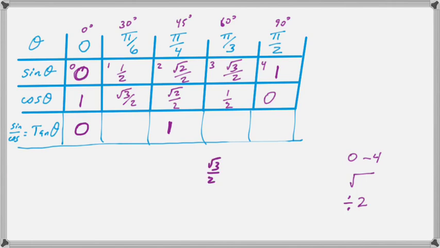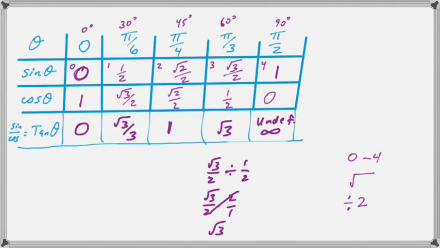If you have this divided by 1/2, that means times the reciprocal, which makes this radical 3. 1 over 0, most people think is undefined. Eventually, we'll get you to think of it in terms of infinity. And if you actually do this division, you get radical 3 over 3. So now we have all the trig values for the first quadrant.